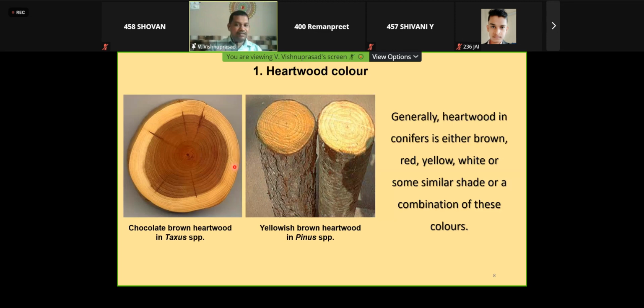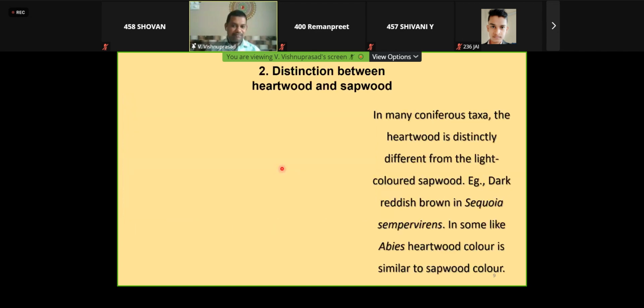Next, the distinction between the heartwood and the sapwood. Heartwood, as we know, is in the centermost region of the trunk. Sapwood is the one surrounding it. In some cases, the heartwood is very distinct from the sapwood, that means there is a very fine demarcation. Example, it is dark reddish brown in the case of Sequoia sempervirens, the heartwood, while the sapwood is light in color.